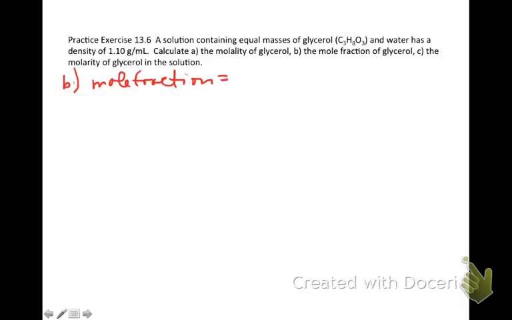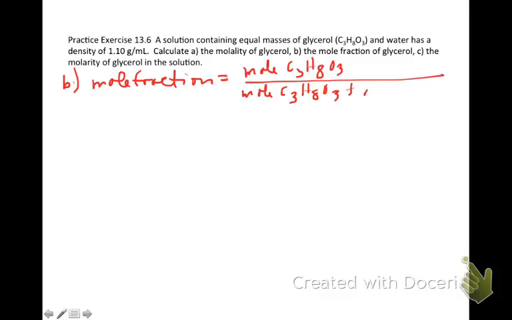Looking for the mole fraction of glycerol, so it's going to be the moles of C3H8O3 over the total moles in the solution, which would be the moles of the glycerol plus the moles of the water. From earlier, the moles of C3H8O3 was 0.54283. So now I just need to get the moles of water.